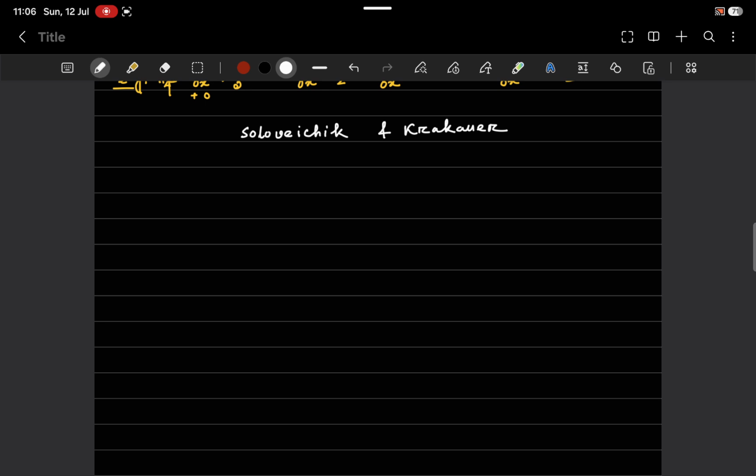These two professors introduced five criteria that could be used to identify an oxidation process.